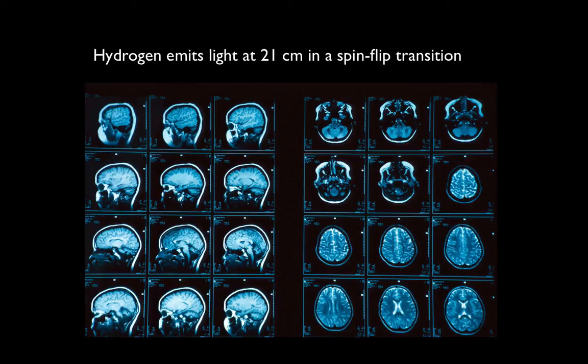Interestingly, these spin-flip transitions are sort of the same physics that's behind MRI scans. If you've ever had to have a magnetic resonance imaging scan, this is the type of physics that was being used in order to image the different tissues in your brain or in your knee or whatever you imaged.